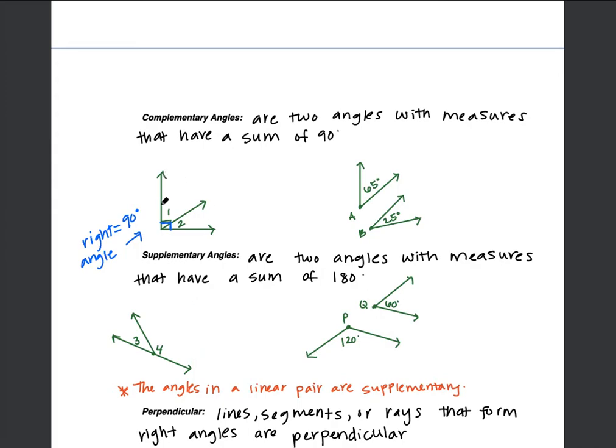Okay, so if I tell you that this whole angle right here is 90 degrees, that means the two angles that make up the big angle added together equals 90 degrees.